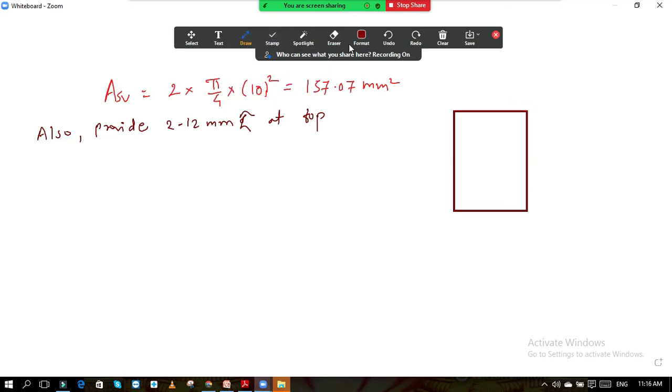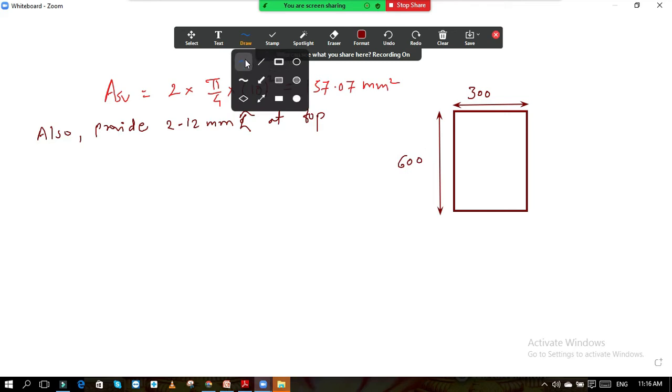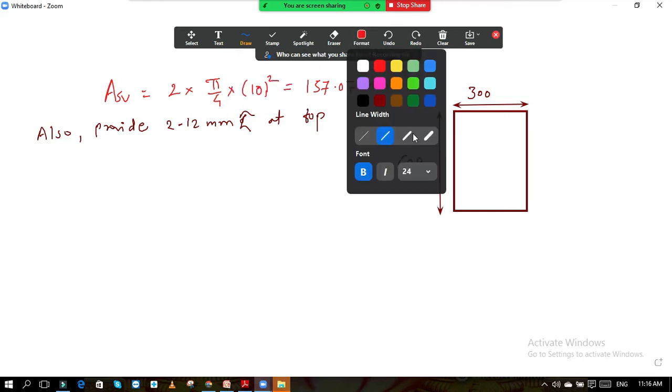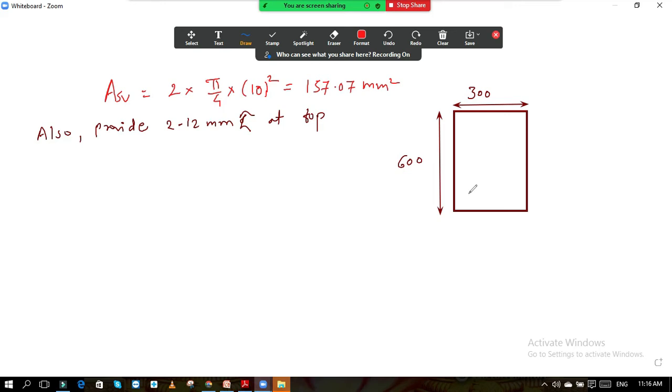What are the dimensions? So this total dimension and this total dimension, it is 300 by 600. This is 300 and this is 600. Okay. Now where the bars are provided, if you see, first I will draw the stirrups inside it and then we will draw the bars.